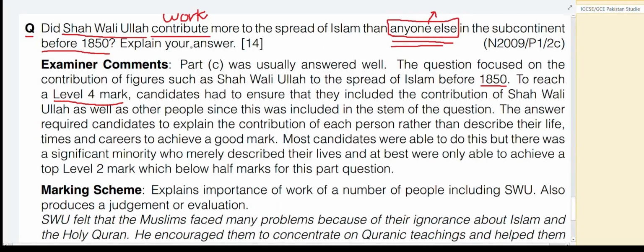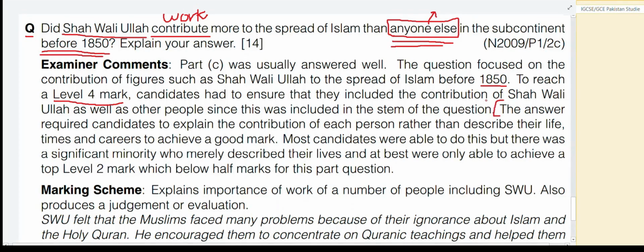The keywords tell us what to write to achieve maximum marks, right? So we were required to write about Haji Shariatullah and Sayyid Ahmad Barelvi. Again, I am repeating, we can also write briefly on Titu Mir and Mohsinuddin, right? It's up to you.